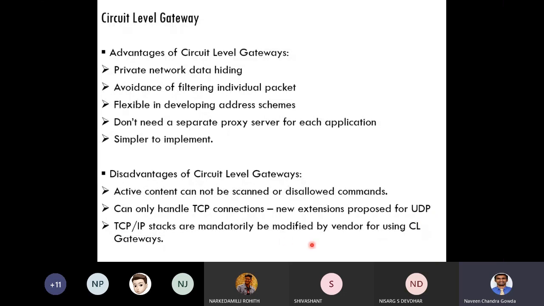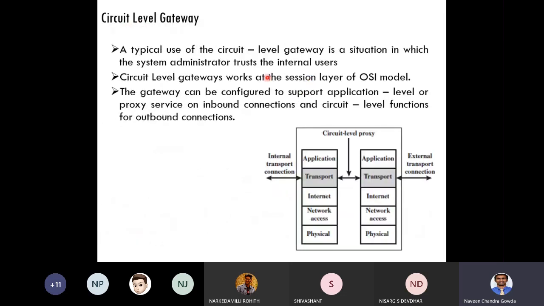Why do the TCP/IP stacks have to be modified? Whenever you talk about TCP/IP, the session layer may not be configured particularly, because the session layer is built in with the application layer in a plain TCP/IP stack. But if you want to apply the circuit level gateway, it has to do its work in the actual session layer.